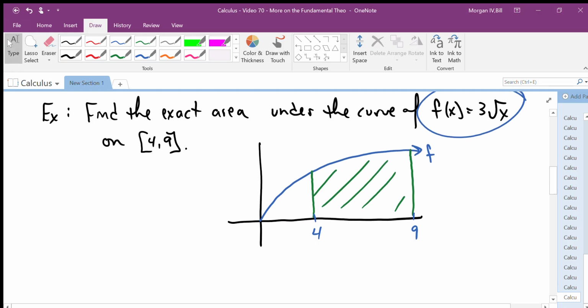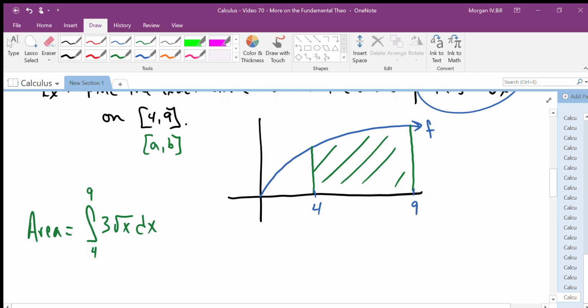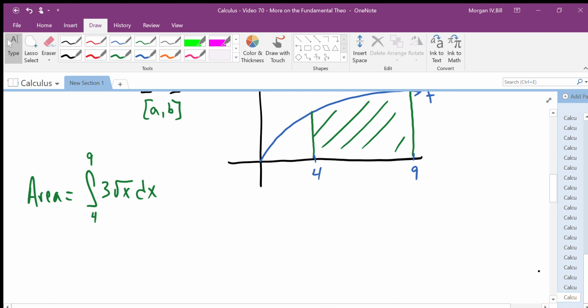Okay? And the way we do that is area is equal to the integral from a to b. Notice my a is the 4, my b is the 9. The a is the lower bound, the b, 9, the upper bound, so from 4 to 9, of the function 3 square root of x dx. We're going to use our knowledge of antiderivatives to find the antiderivative of 3 square root of x.